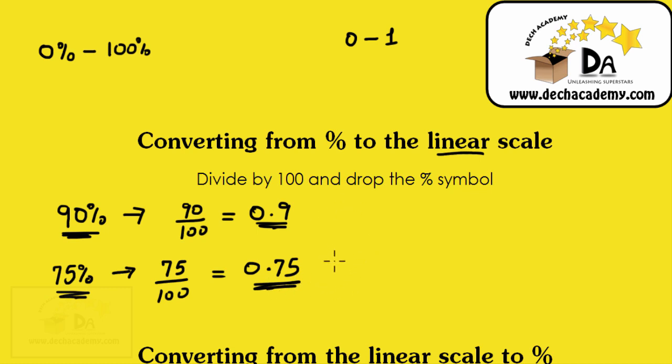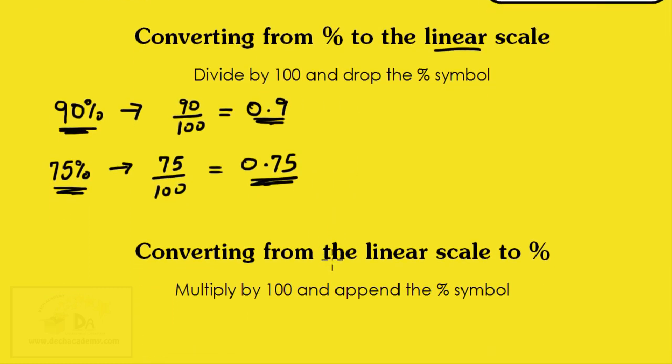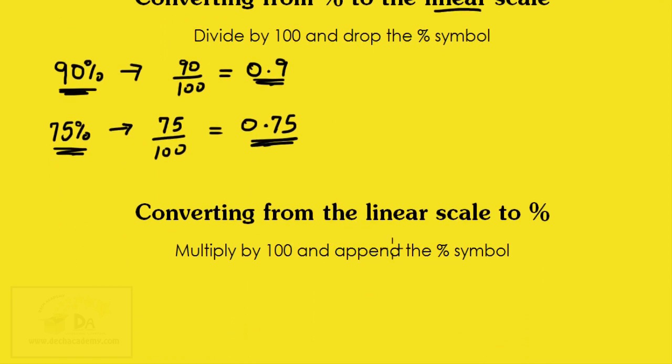And next we're going to look at converting from a linear scale to the percentage scale. All you have to do in such cases is multiply the given probability by 100 and just append the percentage symbol. Really simple. So if you're told that the probability of an event is 0.9, this is a probability given in the linear scale.